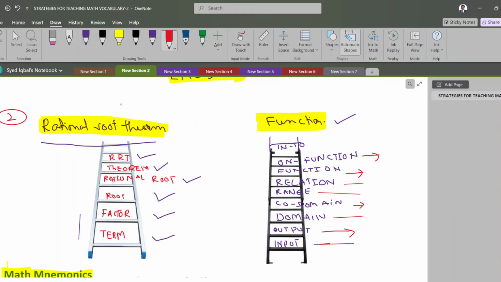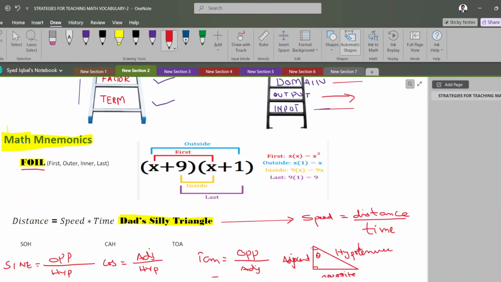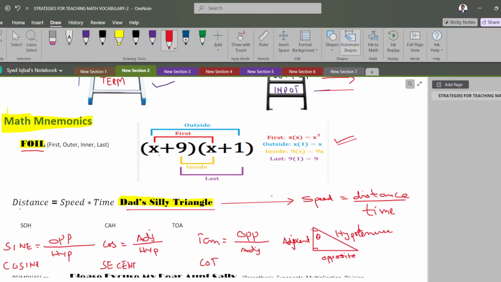Now the third one is mnemonics. Using mnemonics, there are so many to help remember. The first mnemonic is the FOILS method. I have done one video on it, to remember how to multiply, with exponents and all the things, x square, outer, inner. Then the diet silly triangle for speed, distance by time.